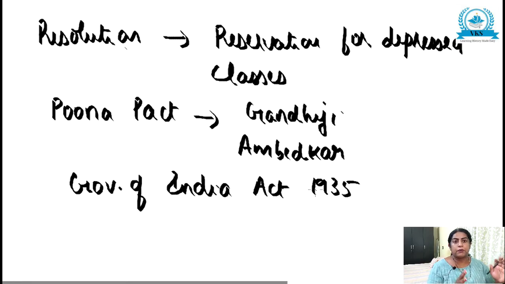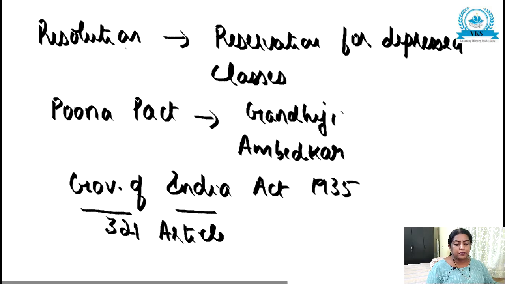That is, a white paper was prepared as a result of these conferences, and in accordance with all its recommendations, the Government of India Act was passed in 1935. And this Act contained 321 articles and 10 schedules.